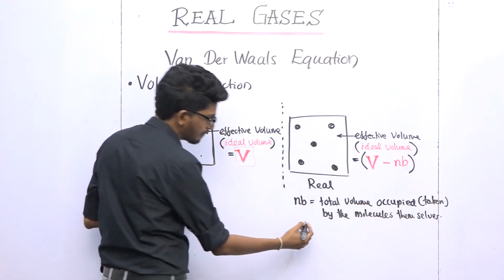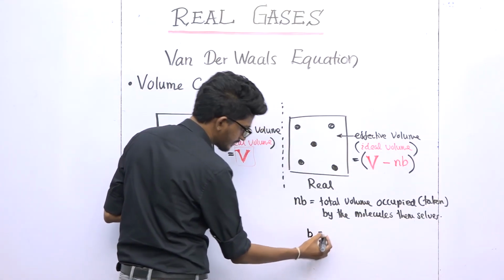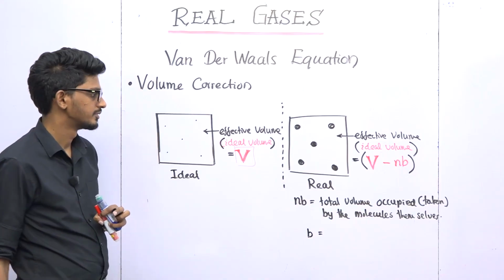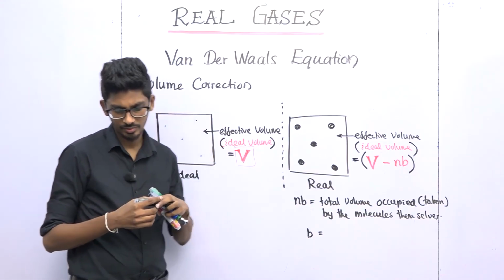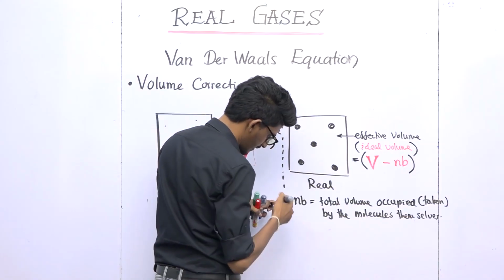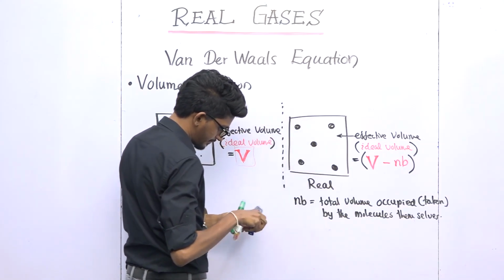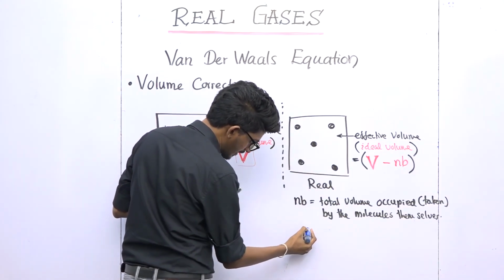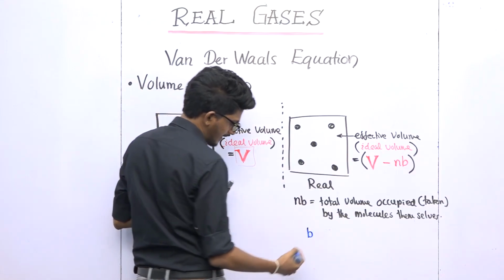Right? And the b is the volume of 1 mole of gas molecules. I'll write it here. b is a van der Waals constant which represents the volume of a mole of gas molecules.